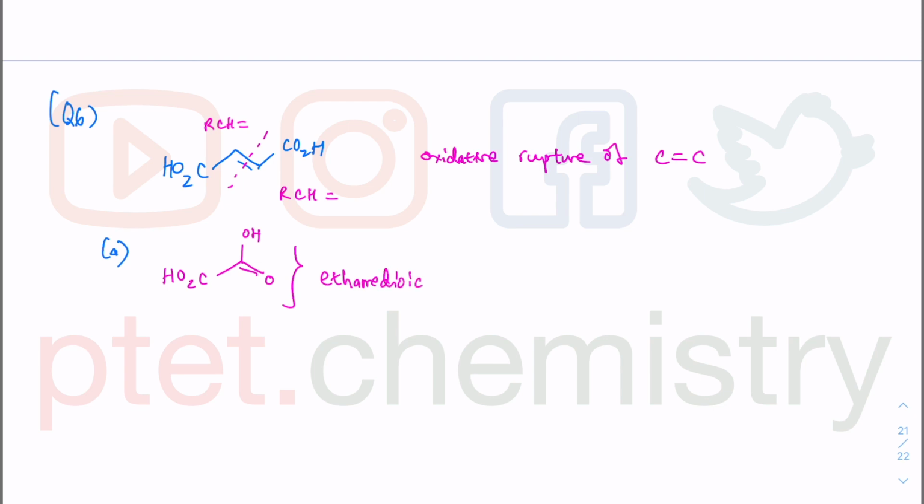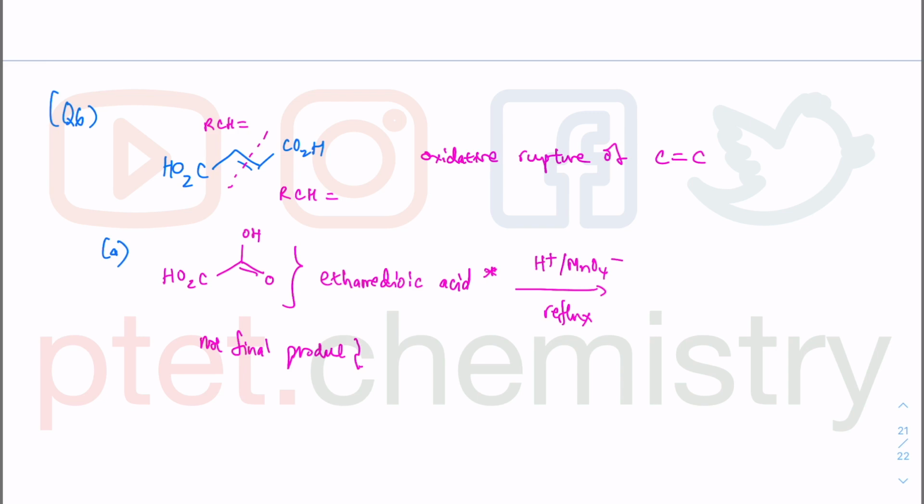In your A-level syllabus, in your A2 syllabus under carboxylic acid, you will see that ethanedioic acid can be oxidized, especially under this extreme condition where you have hot acidified KMnO4. This bit and this bit are symmetrical, so you just get the same ethanedioic acid. You will not get this as a final product, so this will not be your final product.